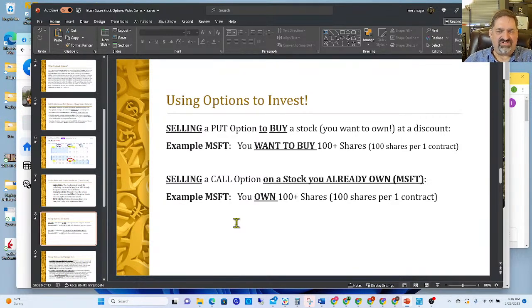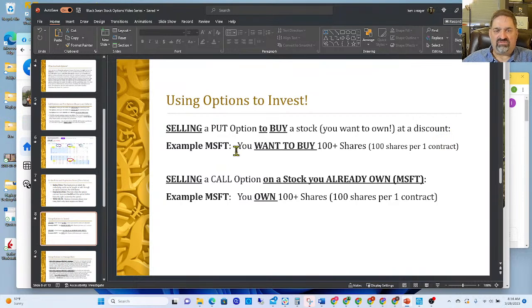So, using options to invest, you'll have to tune in and look for my advanced options course, and we'll really get into all this stuff. But one of the ways, like I said in the teaser, is: I want to get into a stock anyway, and I want to get in at a discount. So I can sell a put so that I can end up buying the stock at a discount.